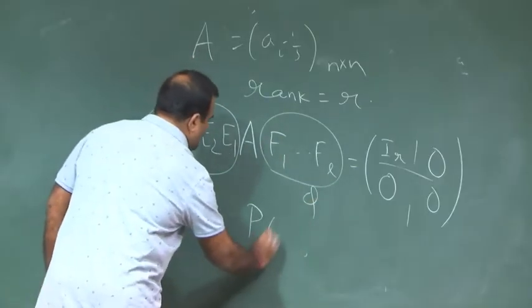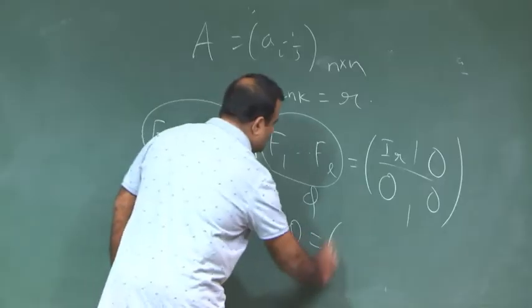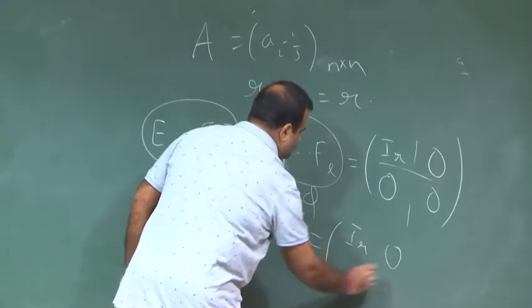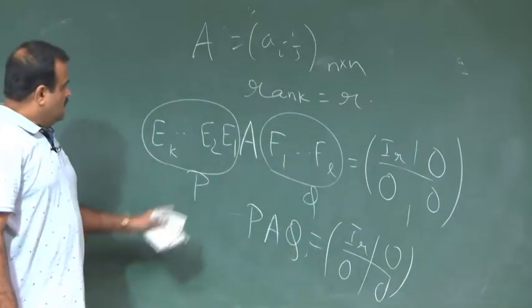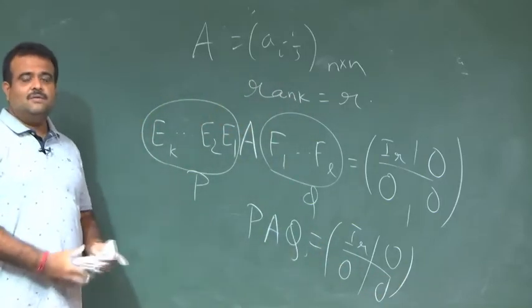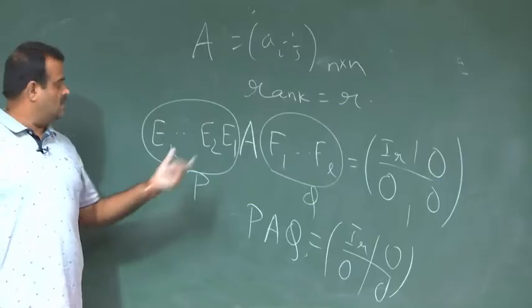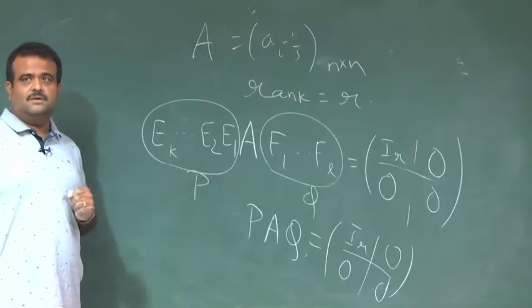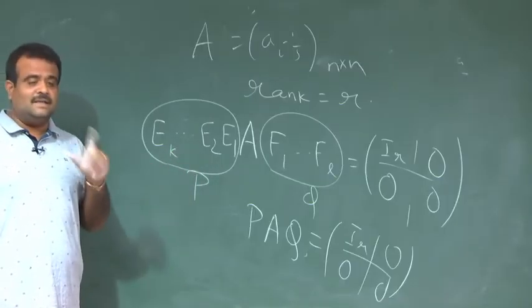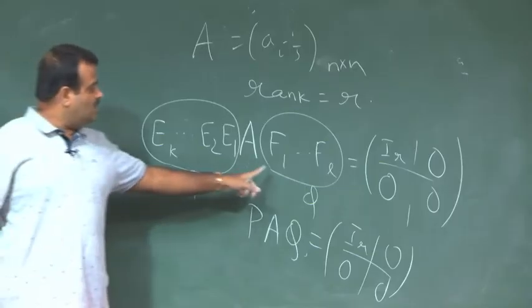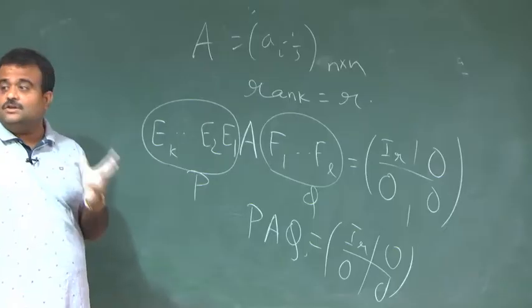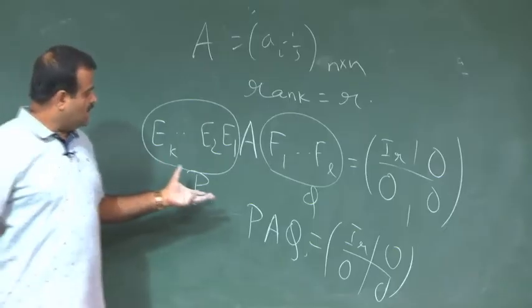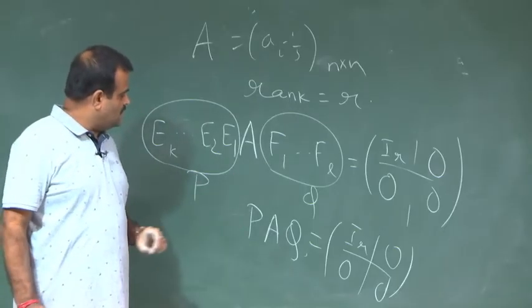So, we have PAQ equal to this form, where these are all sub matrices. P is nothing but the product of the elementary row matrices, and Q is nothing but the product of the elementary column matrices, and they are non singular. Okay. So, this way we can proceed.